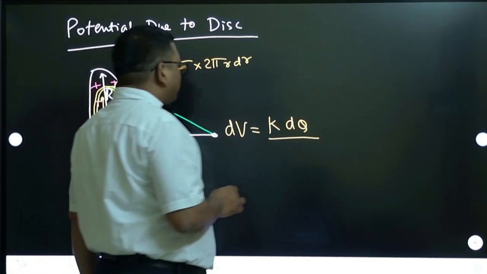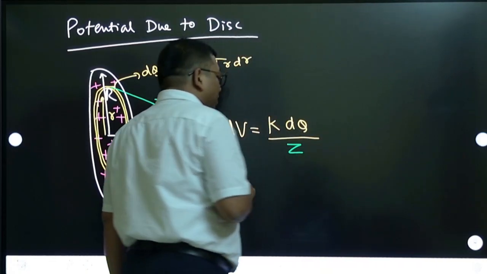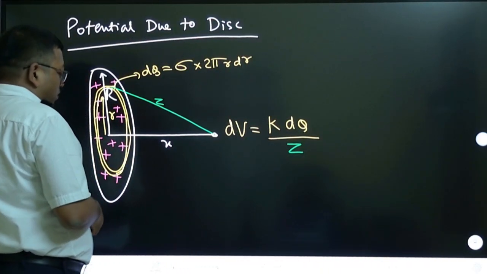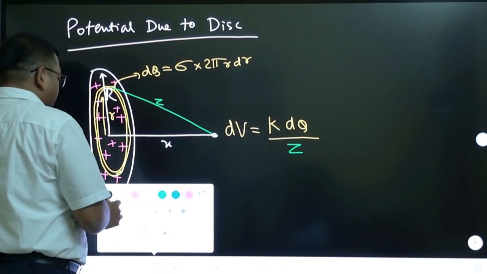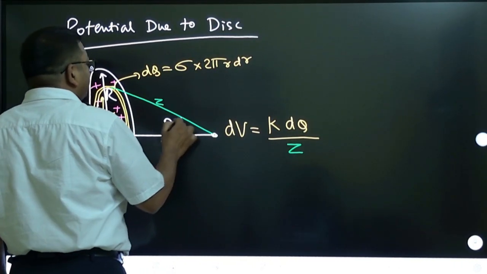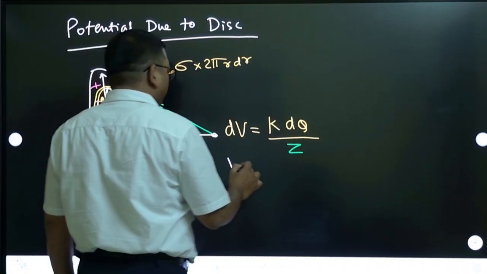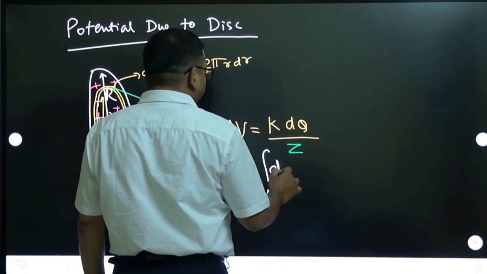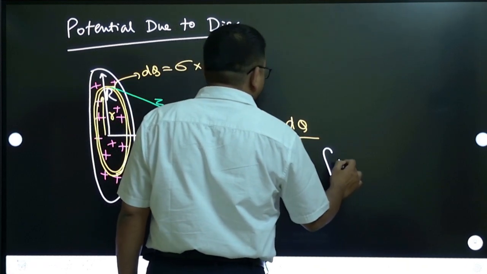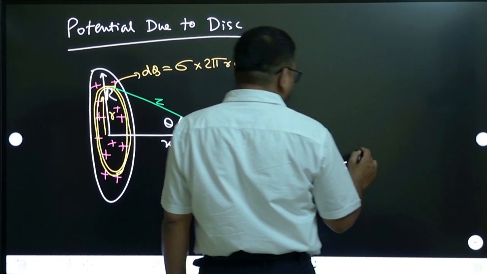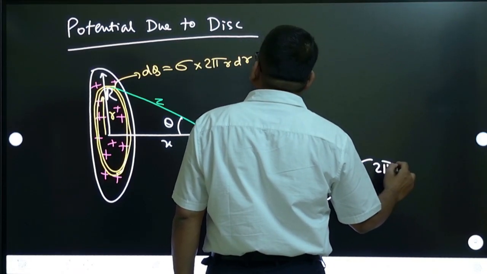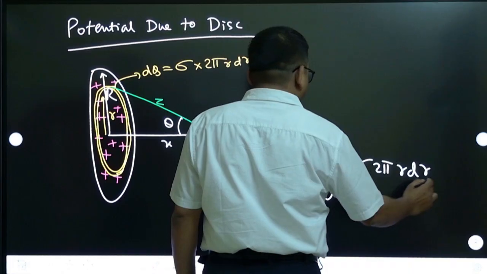So k dq by z, correct? Okay, you have to again integrate, but this time again theta is variable. So total potential, if you want, you integrate dV, that means integration of k dq by z, where dq is again sigma 2 pi r dr.